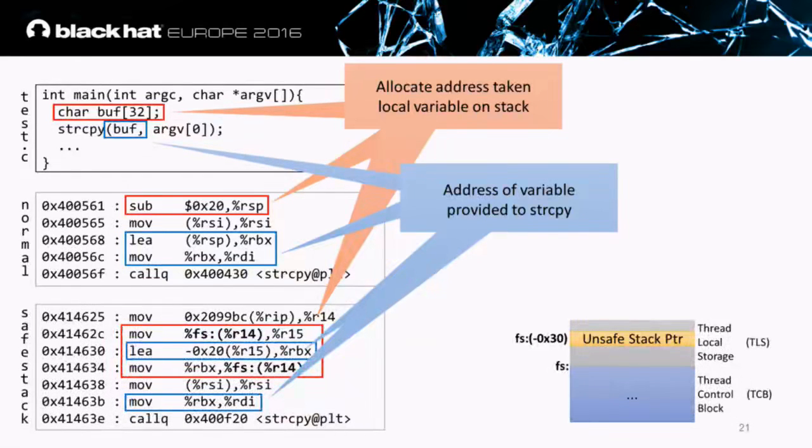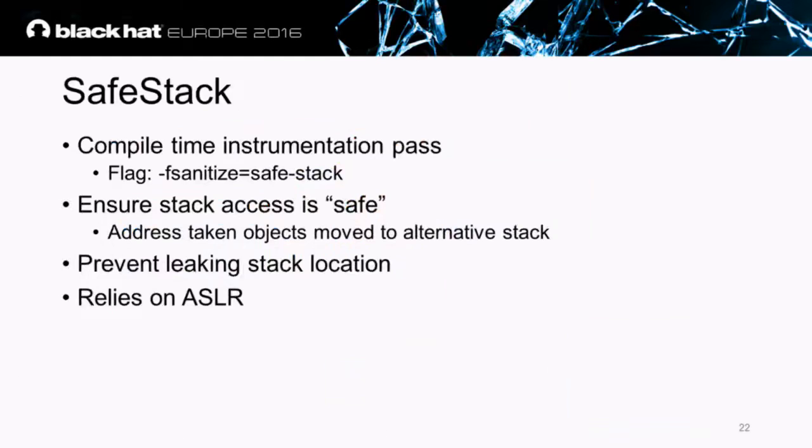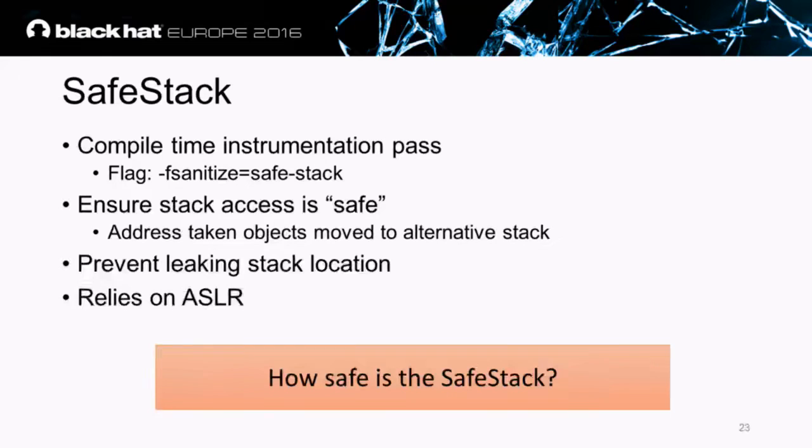Okay. So SafeStack can be enabled by setting the SafeStack sanitize flag. And essentially it moves the address-taken objects to the alternative stack, which prevents, in the end, leaking the location of the SafeStack. And it relies on ASLR.